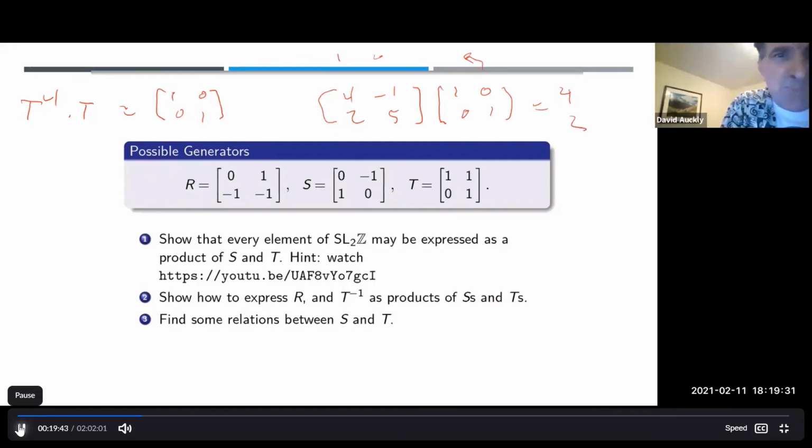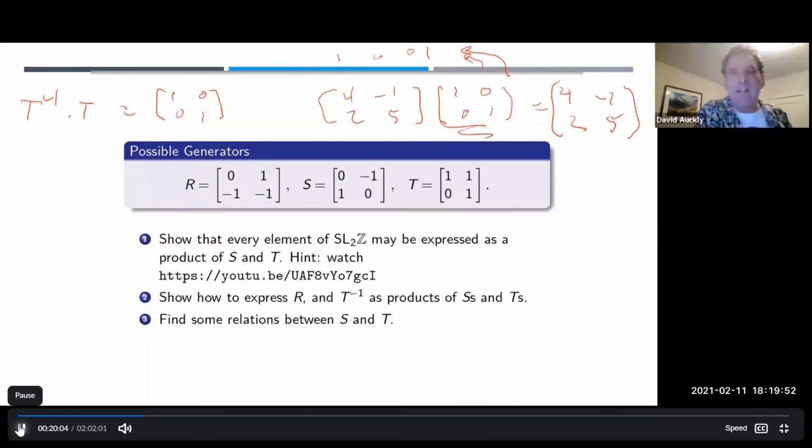Then if I do the same thing, turning the 0, 1 up on its head, we'd get 0 times 4, negative 1 times 1, so negative 1. 0 times 2, 1 times 5, 5. So you see that this particular matrix acts like 1 acts in numbers. Multiplying a matrix by it doesn't change the matrix. This is called the 1 in the land of matrices. And so the inverse of T is going to be a matrix that you'd multiply by T to get this.